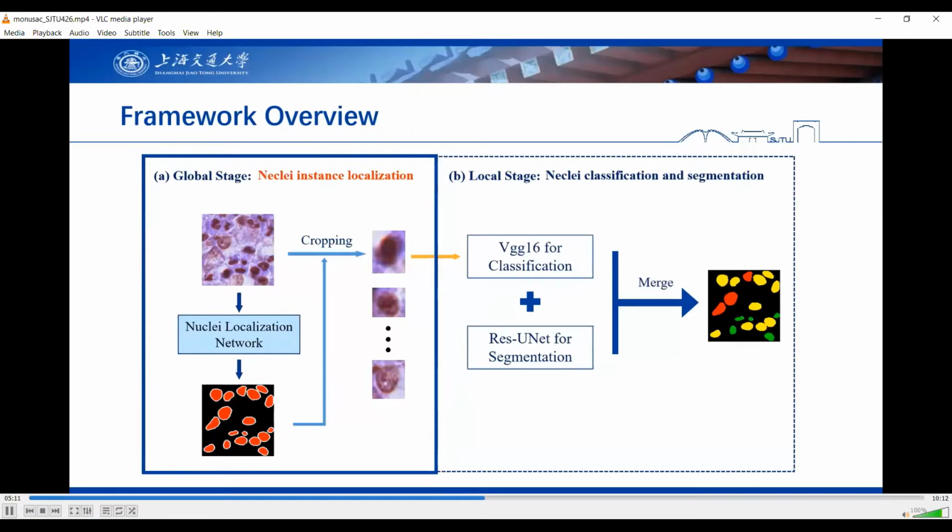In this way, nuclear regions of interest can be cropped from the original image. Then in the local stage, VGG16 and ResUnet are used for classification and segmentation of nuclear regions of interest, respectively. The last step is mapping nuclear instances, segmentation, and classification results back to the original images.